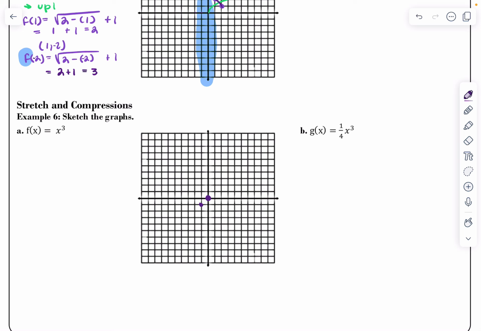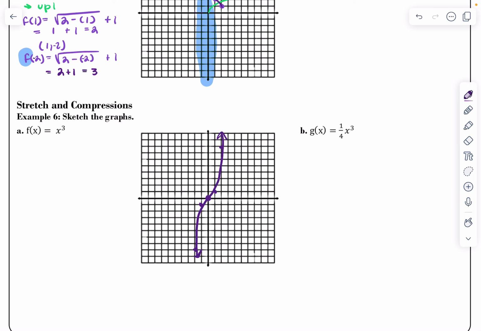If I have 1 cubed, that's going to be 1. And then it's important to pick the next point to show that it really exponentially grows. So we can pick -2, because -2 is going to go to -8, and then 2 is going to go to 8. Like so. And then now we have our function.